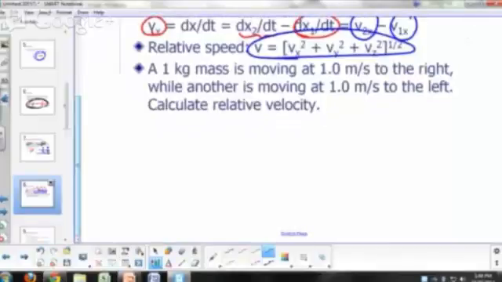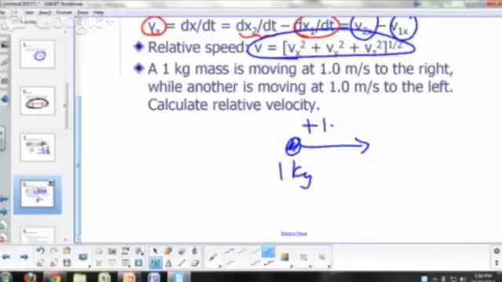Let's say you have a 1 kilogram mass moving to the right at 1 meter per second. So our velocity is positive 1.0 meters per second. And let's say particle number 2 is moving to the left at 1 meter per second also.